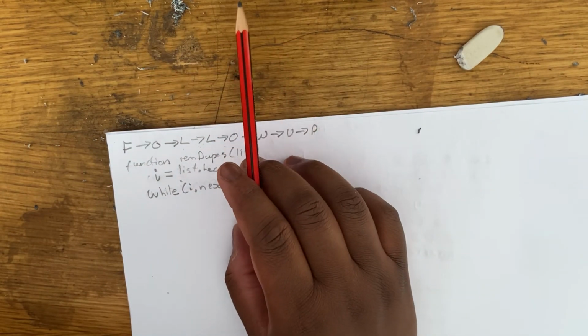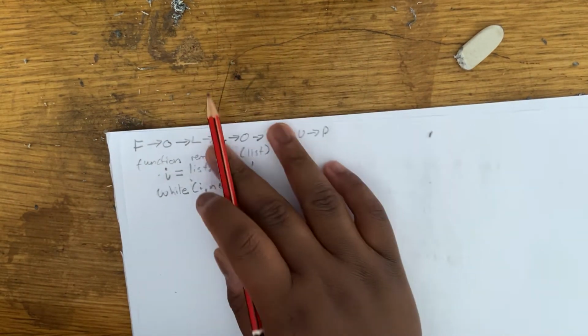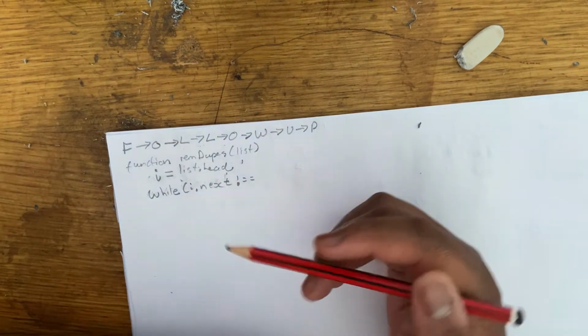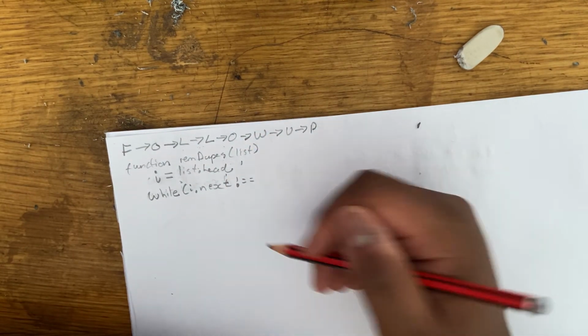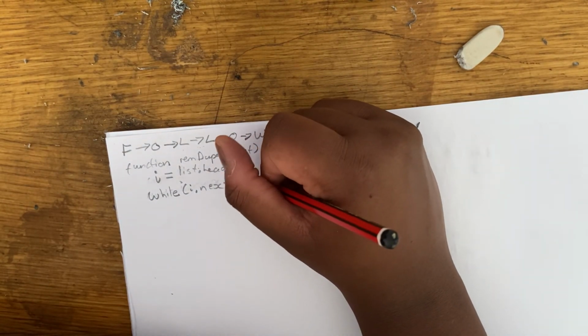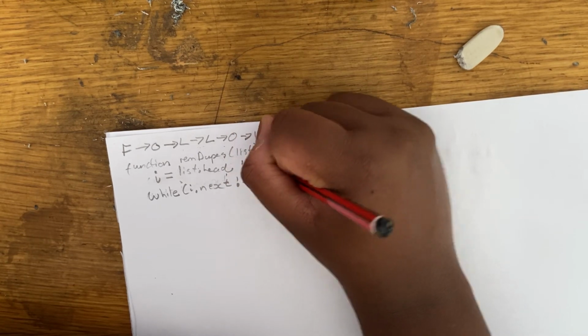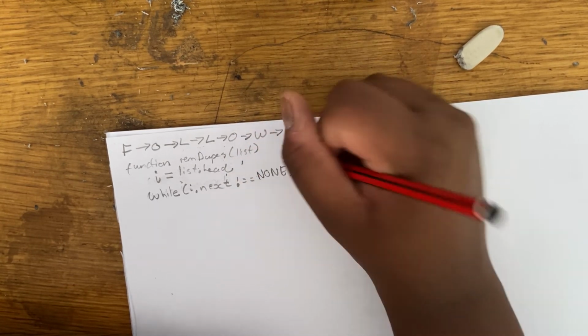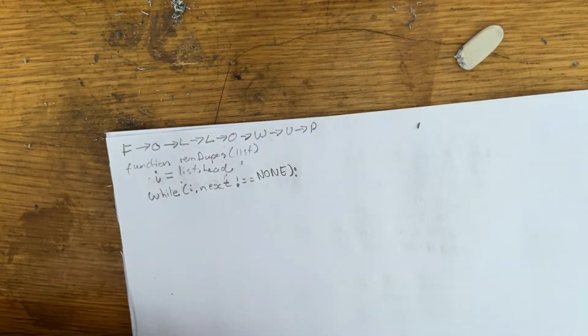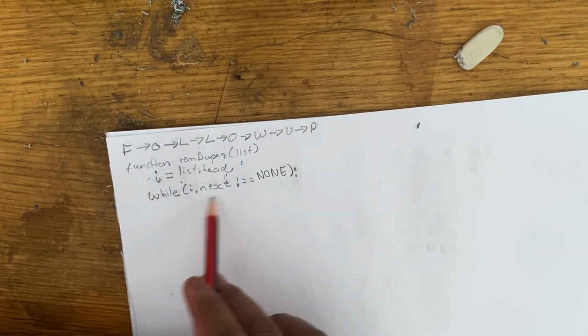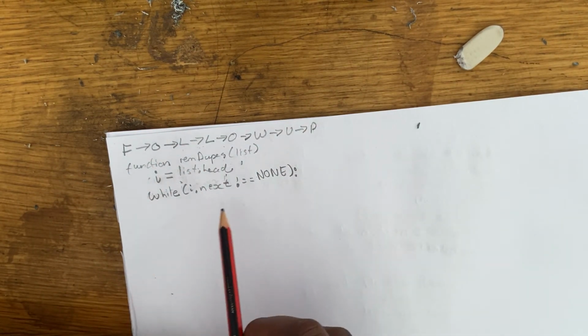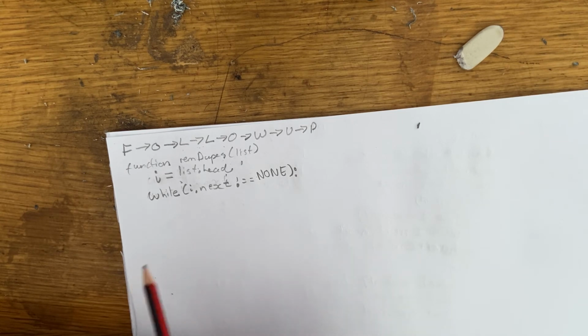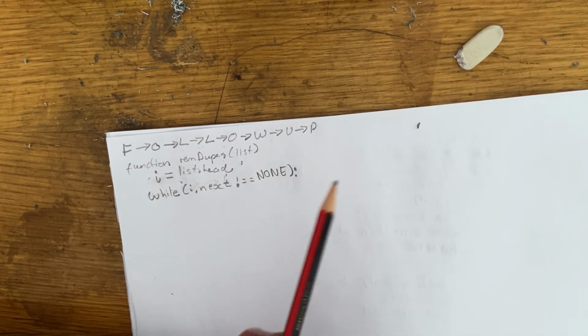Equal to none. 10 minutes left. Not equal to none. Thinking of going through in an n squared fashion, you know? It's not equal to next. Well, next is not equal to none.